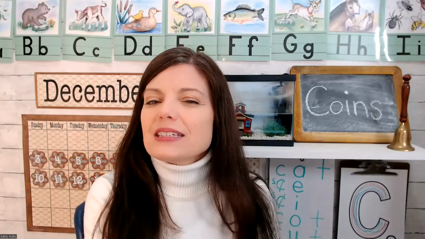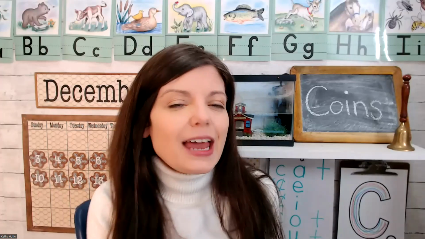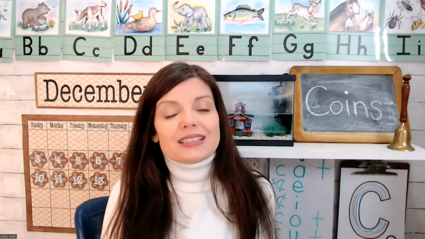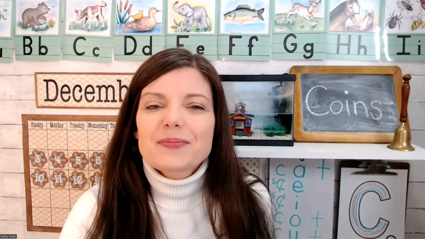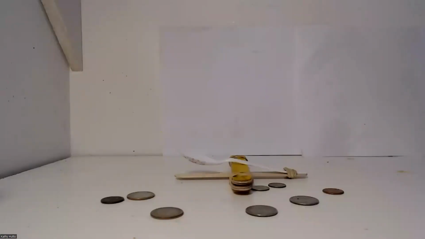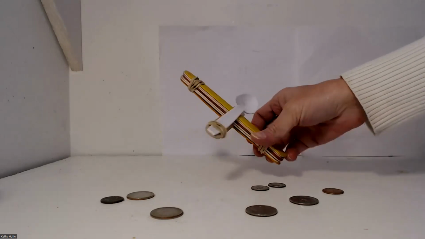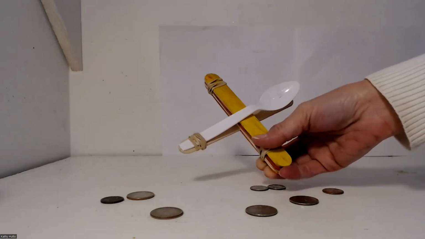Well, it's time for us to go to art. We're going to make a catapult, and we're going to use coins. So let's go over and see our science activity for today. For science today, I made a simple catapult, and I'll show you how I did it.